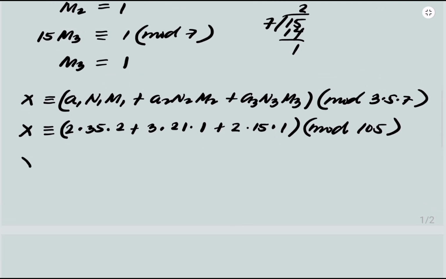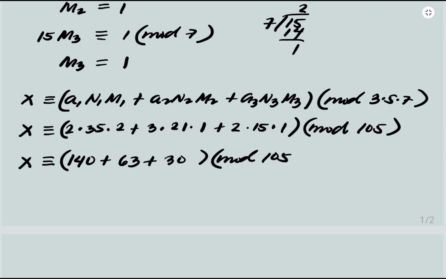Now let us simplify and compute the products. 2 times 35 times 2, that is 70 times 2, 140. Plus 3 times 21, that is 63, right? Plus 2 times 15, 30. And then everything is modulo 105. Now let us compute the sum. 140 plus 63 plus 30 is 233, right?